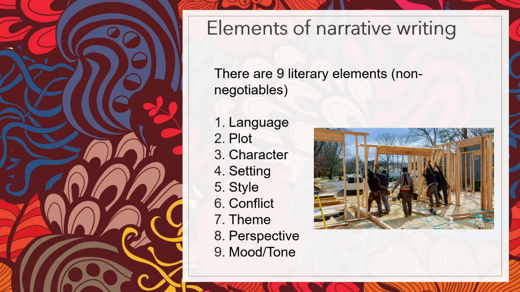There are 9 essential literary elements in writing: language, plot, character, setting, style, conflict, theme, perspective, and mood and tone. These are sort of like a toolkit. Every great story must have them.